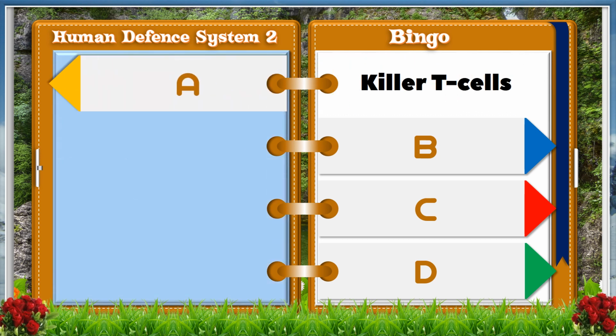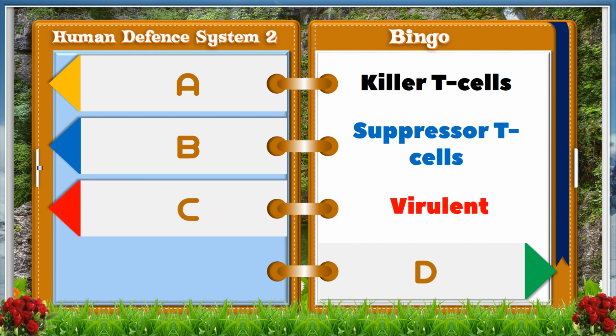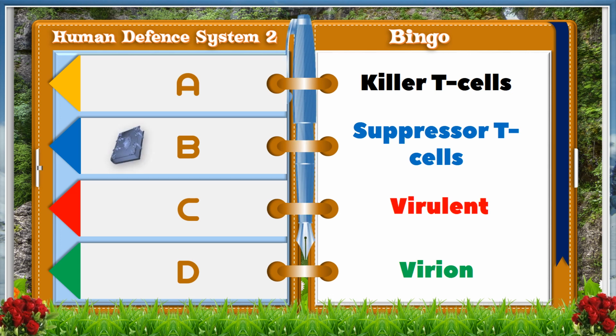A. Killer T cells, B. Suppressor T cells, C. Virulent, D. Virion. And the answer is B. Suppressor T cells.